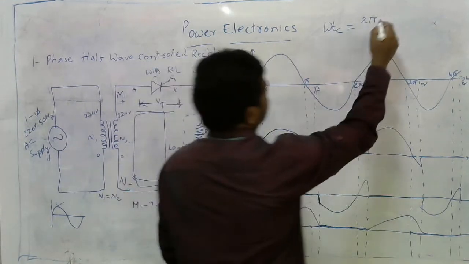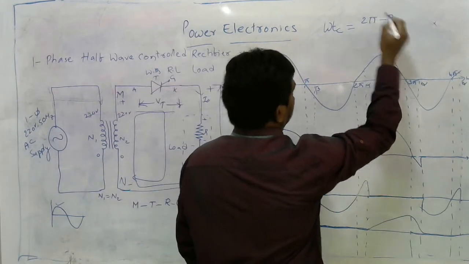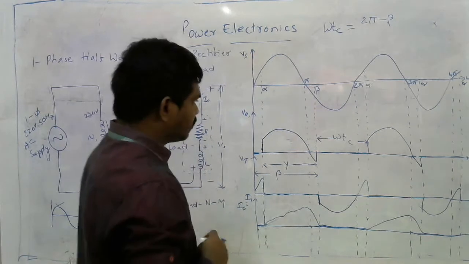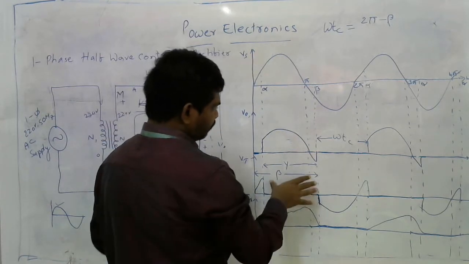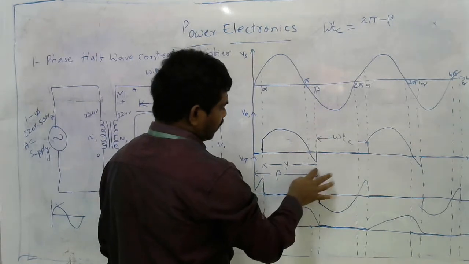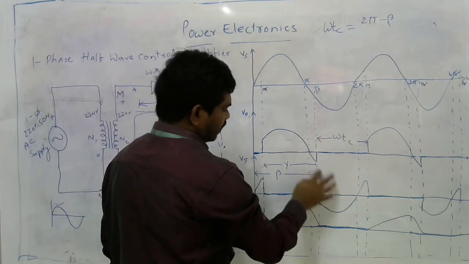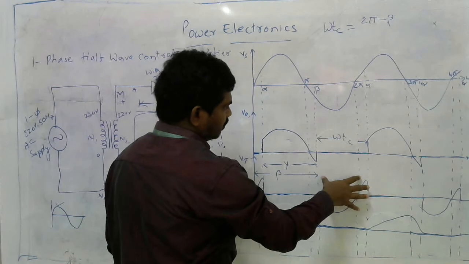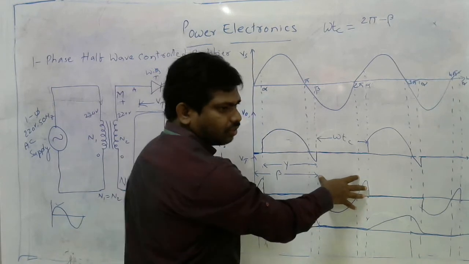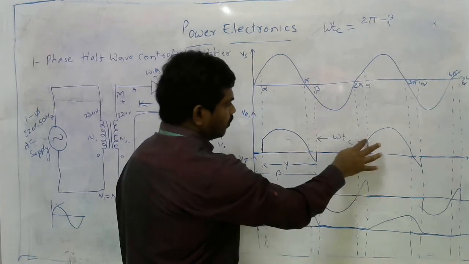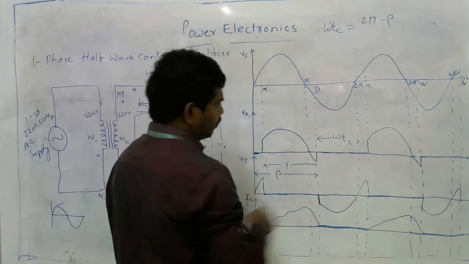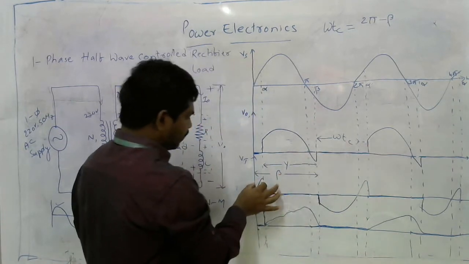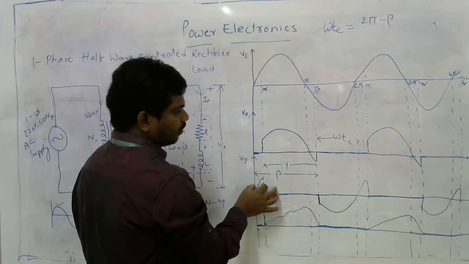Then this is 2 pi minus beta. What is that? This is the total amount of beta value. This is the beta portion, the beta instant, and this is the portion we have to consider for the circuit turn off time. You have to take only this because the earlier portion is already covered just before.